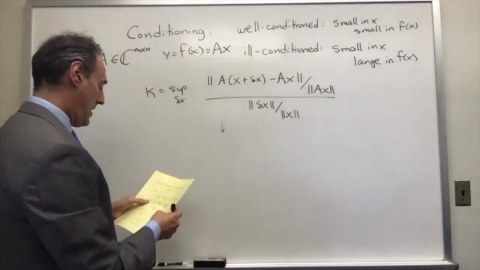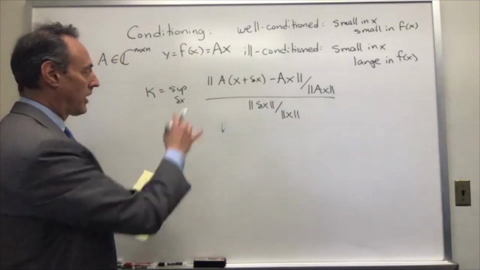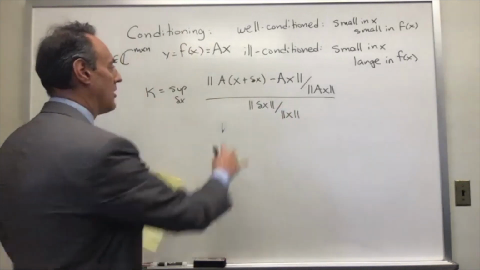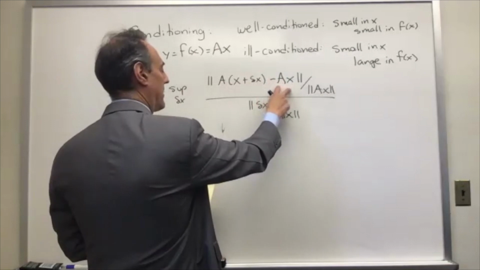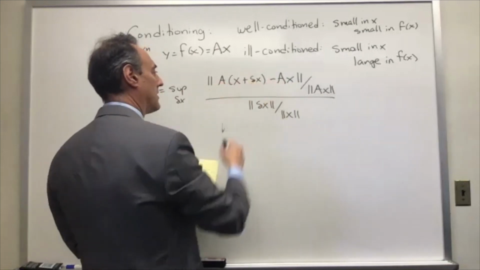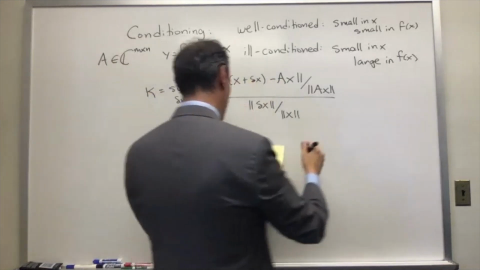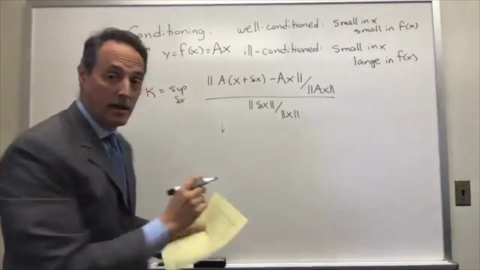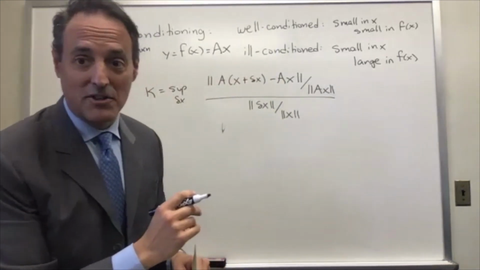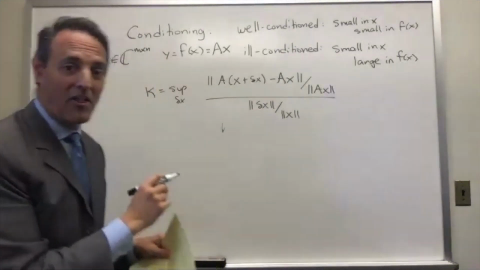Well, you can do a little bit of toying around with manipulation here. And notice you have A of x here minus A of x there, and then A hitting the delta x. This lecture is going faster than I thought. I'm going to run out of time.